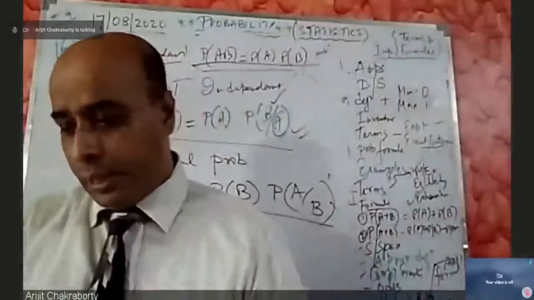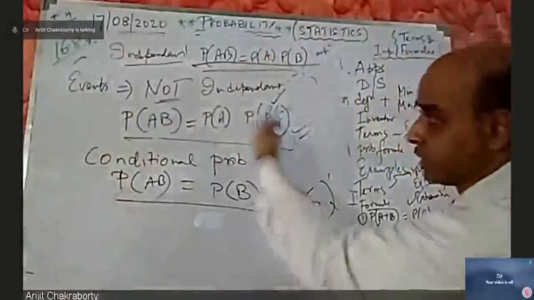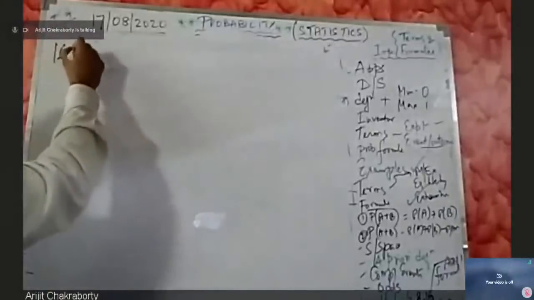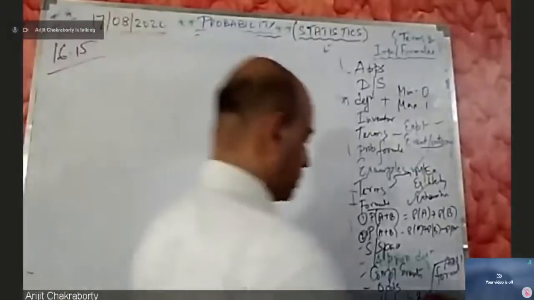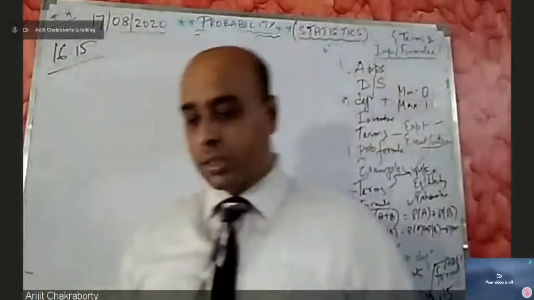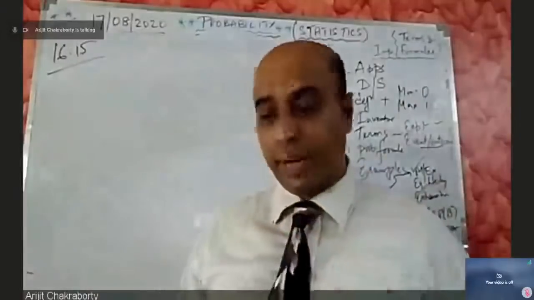Fine. Now we will take example 16.15 using this formula. Let us see what the problem says. Rupesh is known to hit a target in 5 out of 9 shots.